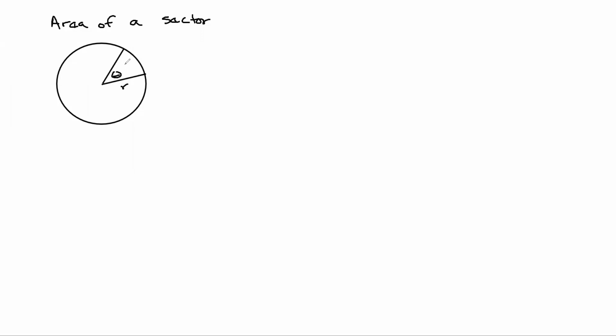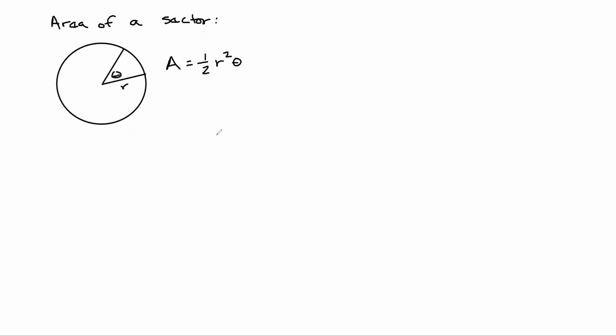So r is the radius, and theta is the size of the angle for your slice. Then the area of the sector, A, equals 1/2 times r squared times theta. So that's the area of a sector.